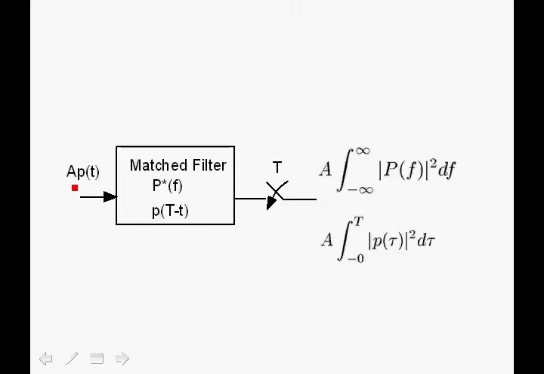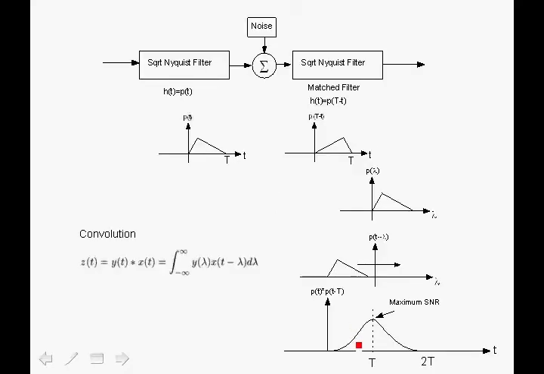So if the input signal is A p of t and the match filter has an impulse response which is p of capital T minus t, then going back to this figure here, at the maximum signal to noise ratio, these two pulses actually overlap, and we multiply them. Since they're exact copies, we get the signal squared, integrated over lambda from minus infinity to infinity.